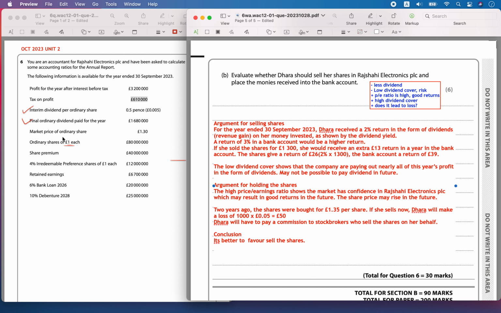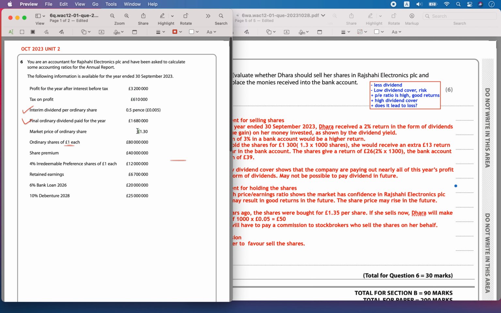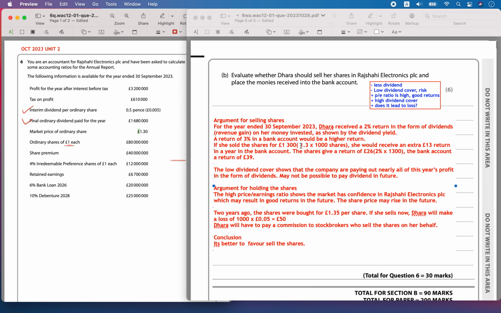So let's calculate. The market price per ordinary share is 1.30 and she has 1000 shares. So 1.3 times 1000 shares is equal to 1300 pounds. That is the share value.